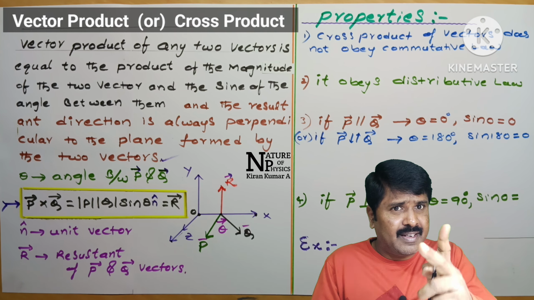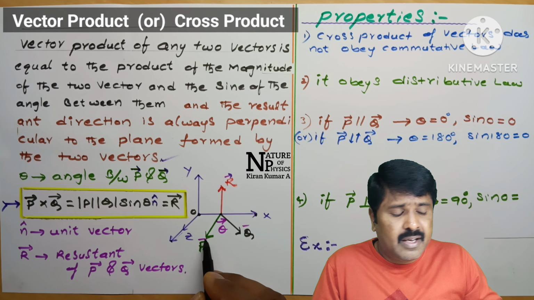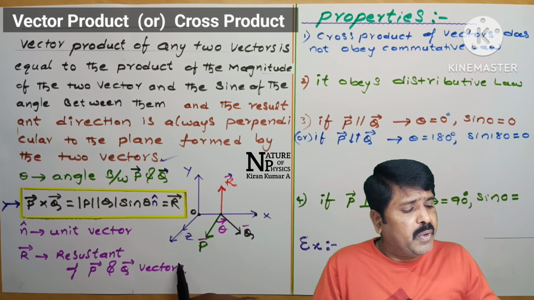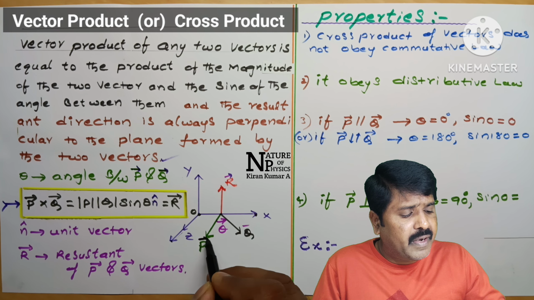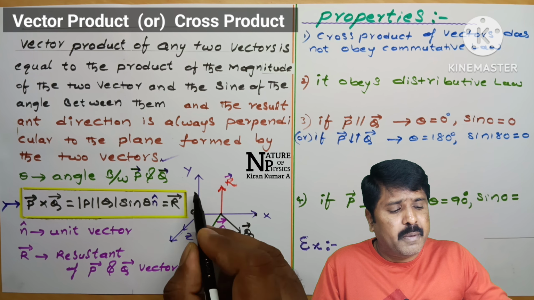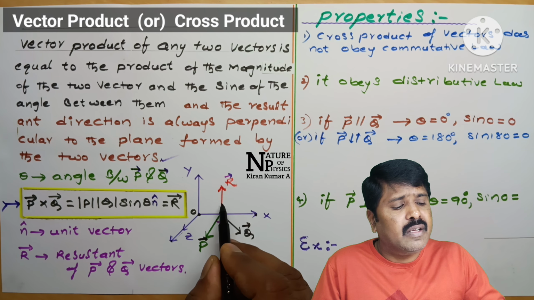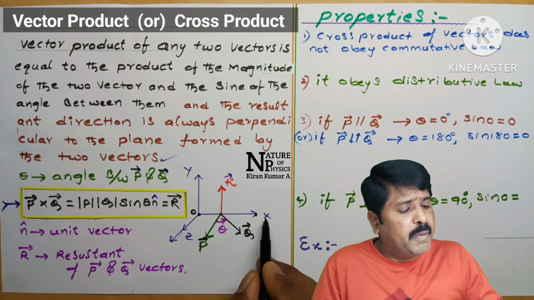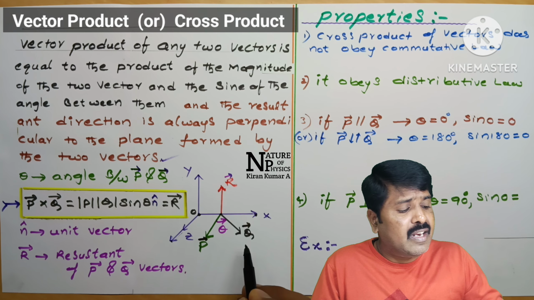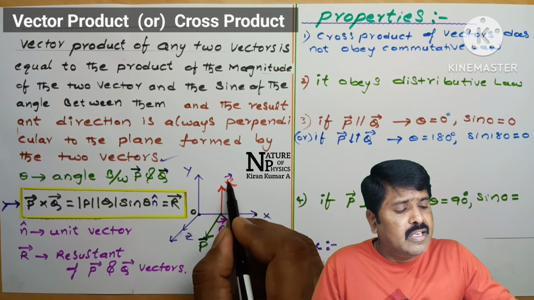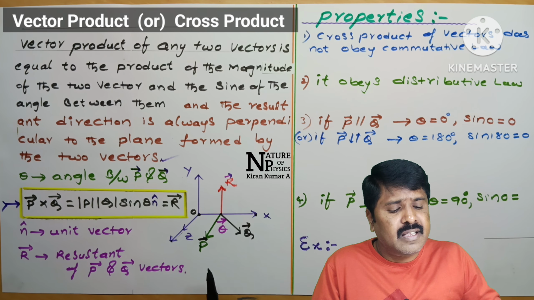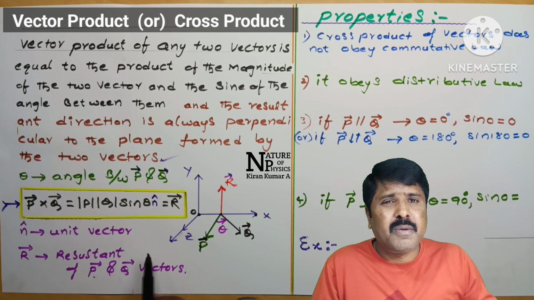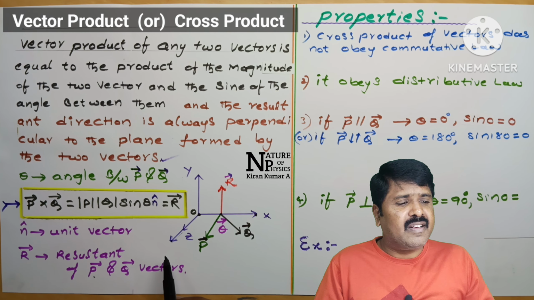In the plane two vectors are there, P bar vector and Q bar vector, both making an angle theta, and their resultant P bar cross Q bar vector is perpendicular to the plane of P and Q. So in the XZ plane P and Q are there, and the resultant is along the y-axis. R is the resultant of the P and Q vectors. Here n cap represents the unit vector.